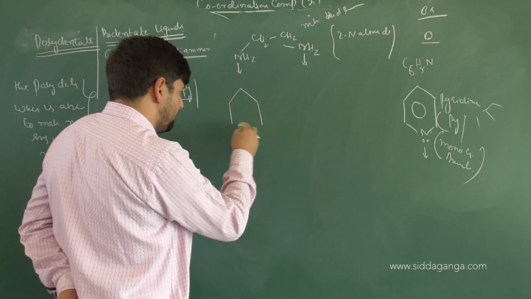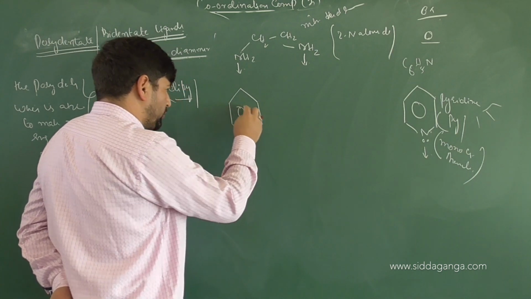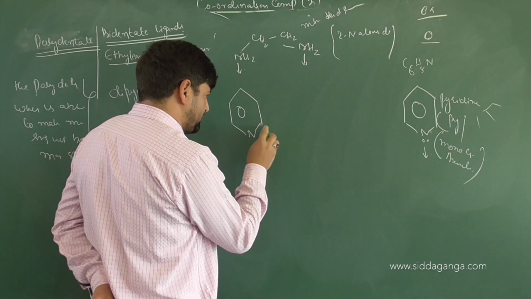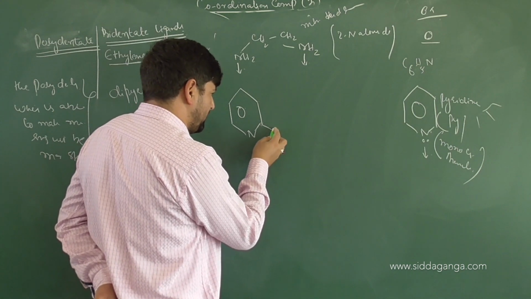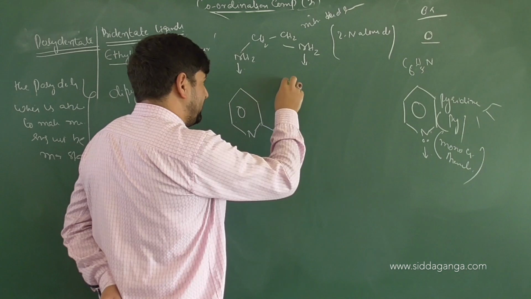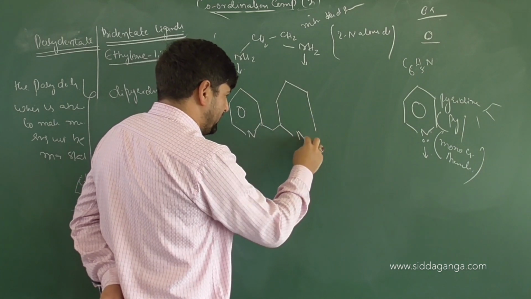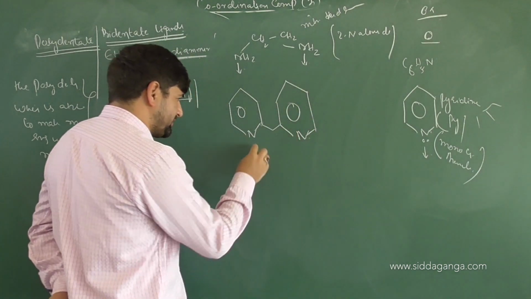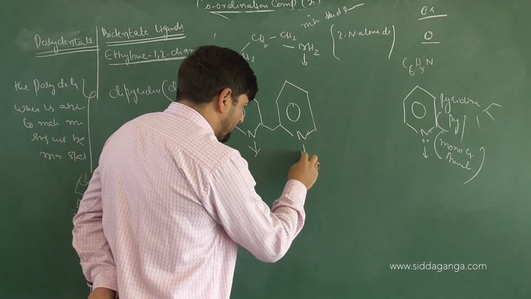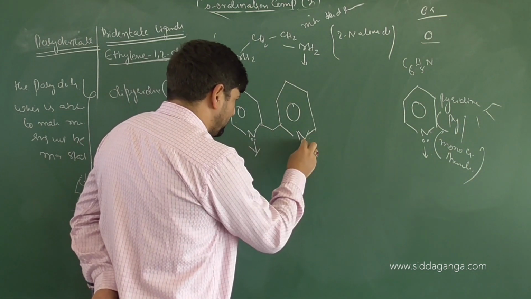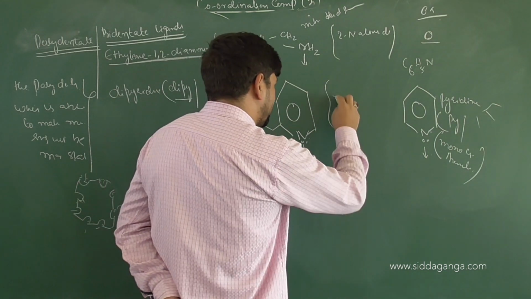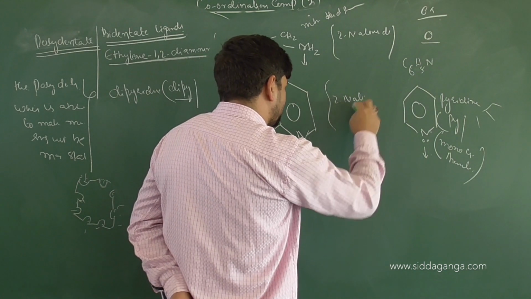Structure is 2 nitrogen atoms, because it's carbon and hydrogen. One of the hydrogens will be removed from here, and one of the hydrogens will be removed from the other end. We'll get nitrogen here also, an aromatic system. And you have a lone pair of electrons which can be donated from where? Nitrogen. So again, 2 nitrogen atoms are donors.